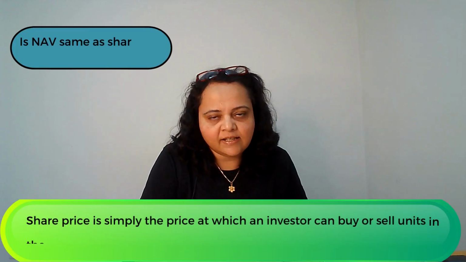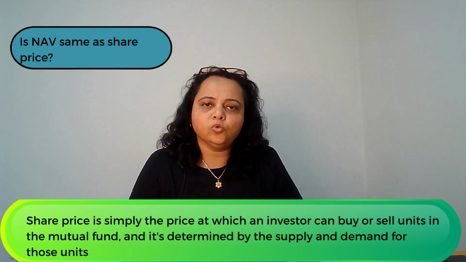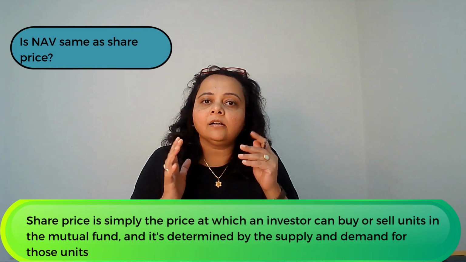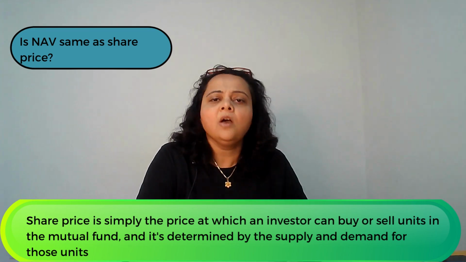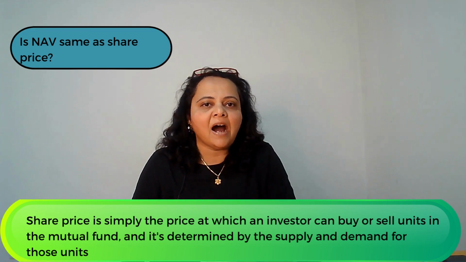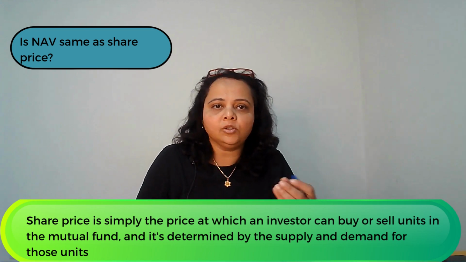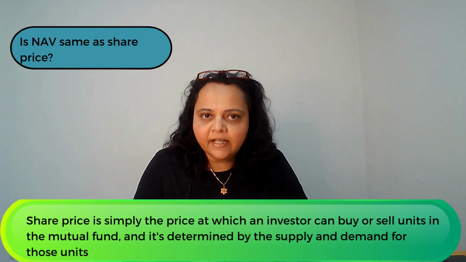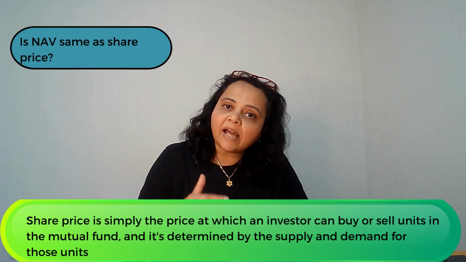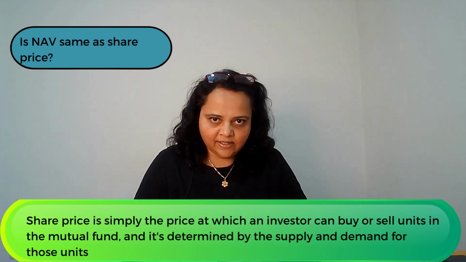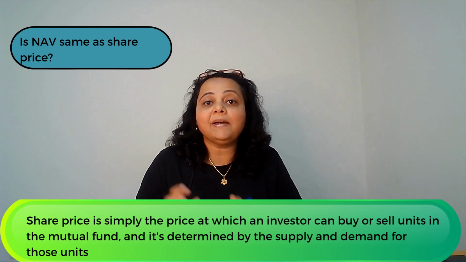Now, coming to the second question, what is a share price? Well, all of us know that the shares that are listed on stock exchanges are traded on those exchanges. What does this mean? Some people buy and some people sell those shares. Now, depending on the demand and supply of shares, the price of those shares fluctuates. Correct? This is not the same as NAV.